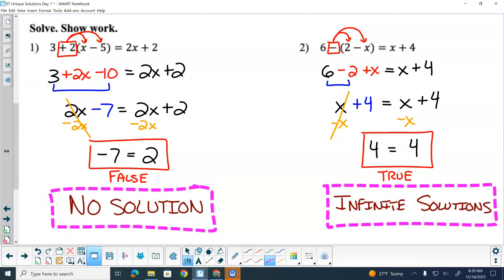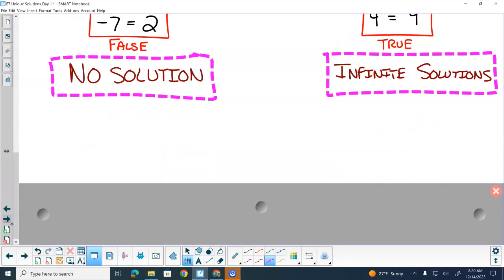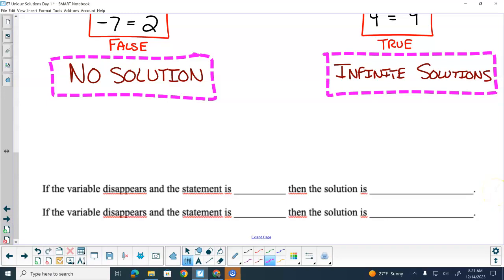So a false statement without variables. Now this should be the next one down here. If a variable disappears and the statement is false, then your solution, your answer that you give us, is no solution.